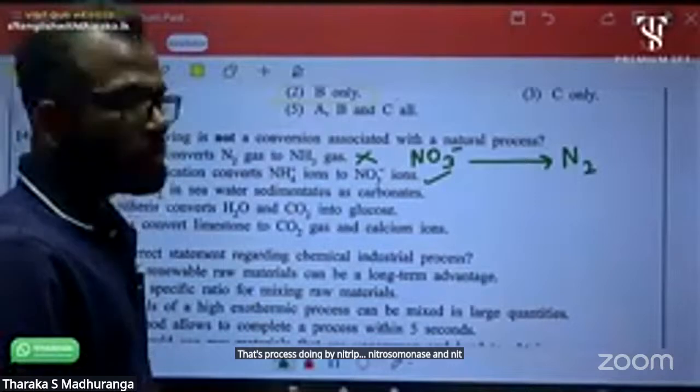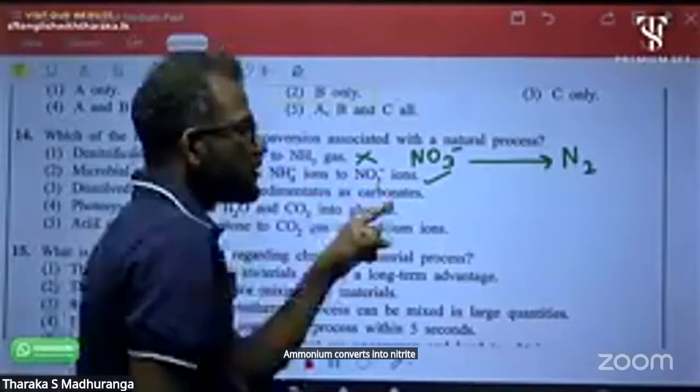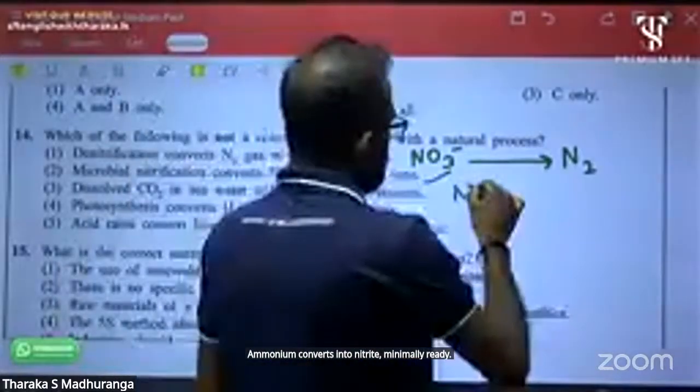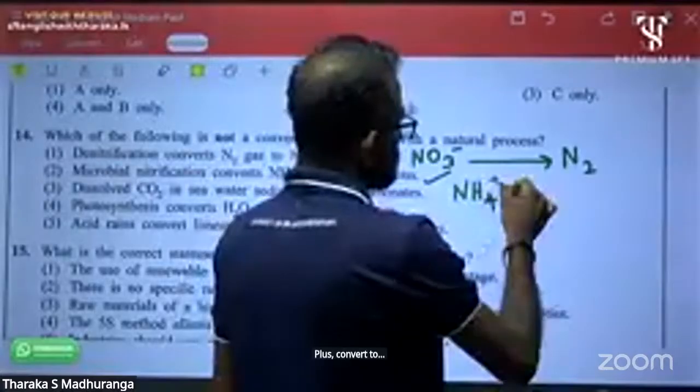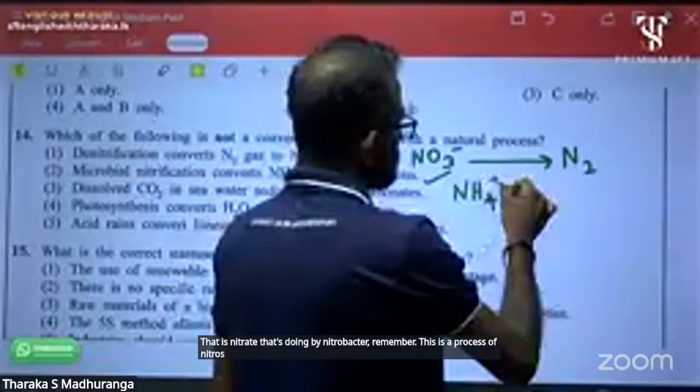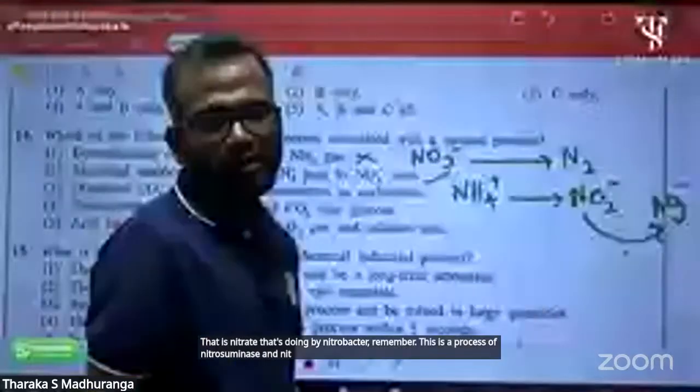NH4+ is converted to NO2-, which we call nitrite ions, by Nitrosomonas. The nitrite is then converted into nitrate, NO3-, by Nitrobacter. Remember, this is the process of Nitrosomonas and Nitrobacter.